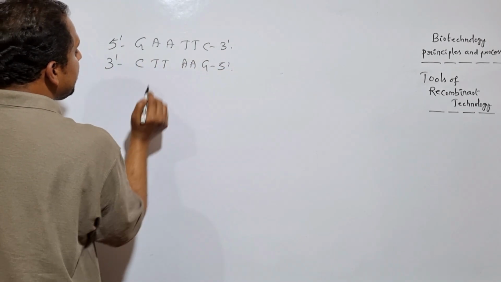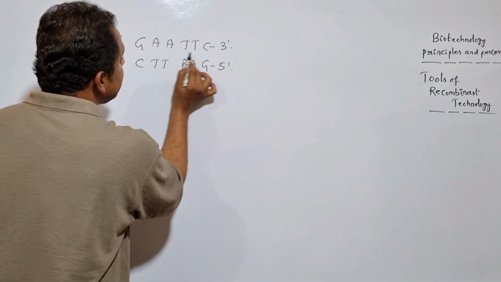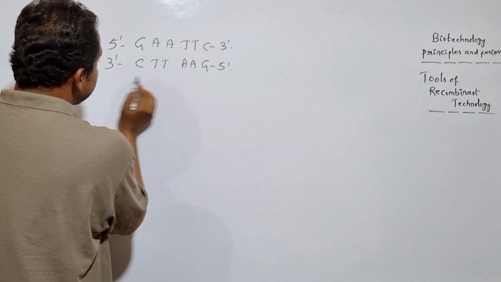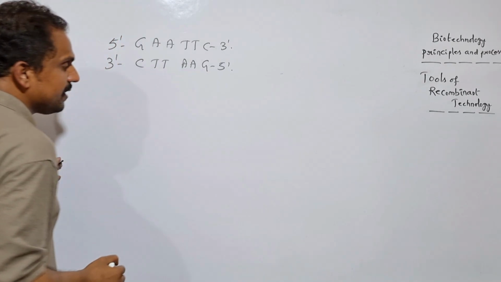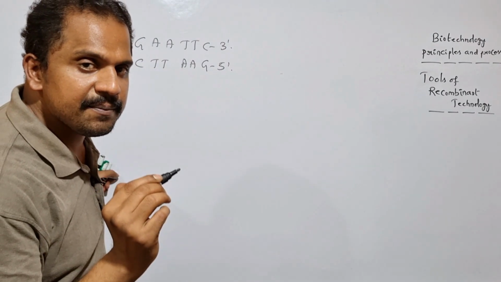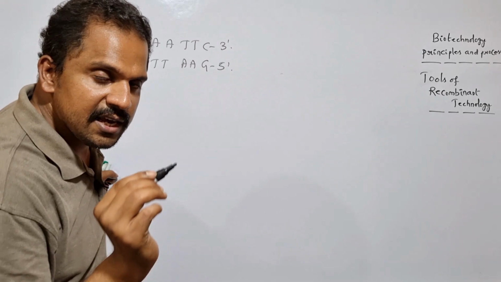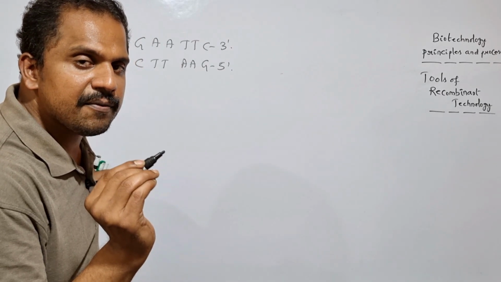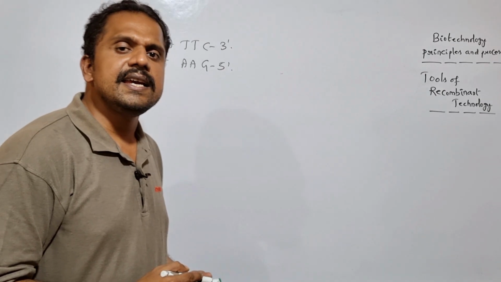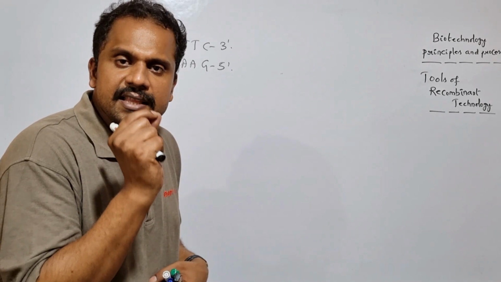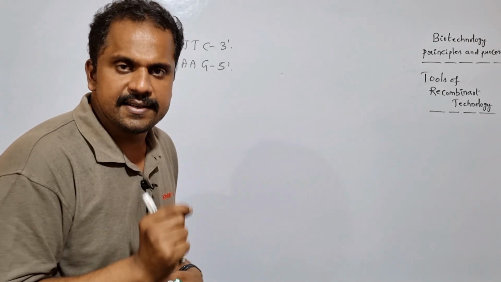From 5' to 3', it is GAA TTC 3', and from 3' to 5', it is CTT AAG 5'. Such specific sequences are termed as palindromic sequences. By taking the advantage of the palindromic sequence, which is a part of the recognition sequence, each and every restriction enzyme is capable to recognize the DNA sequence here.